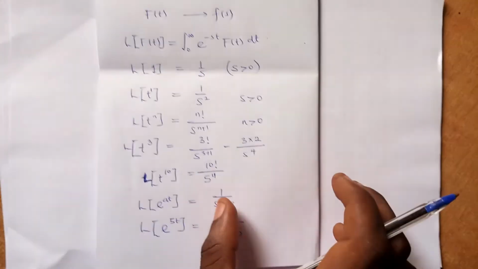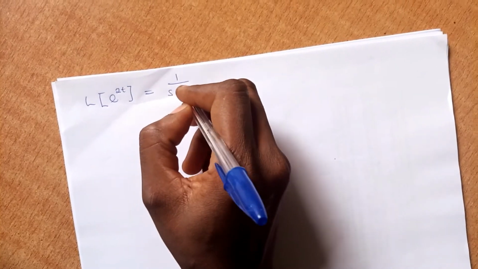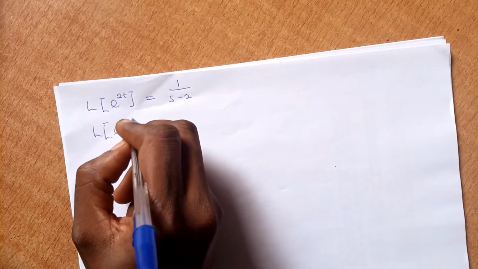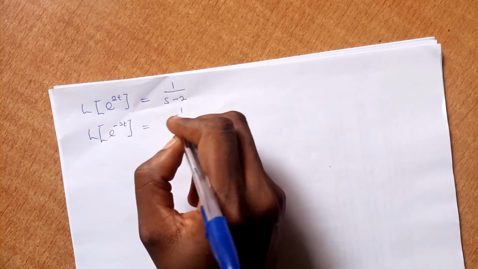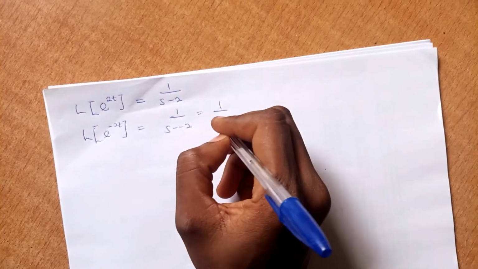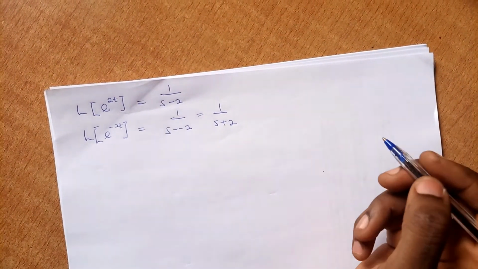Are we together now? Okay, let's consider another one: Laplace transform of exponential 2t. Of course, you know what this will give me: 1 over s minus 2. Now, what about Laplace transform of exponential minus 2t? That will give us 1 over s minus minus 2, that is 1 over s plus 2. Are we together now?